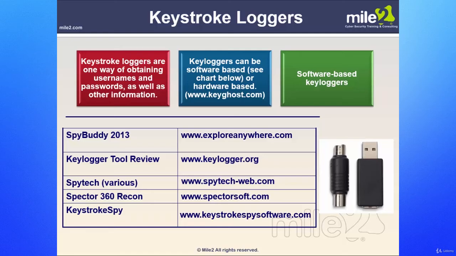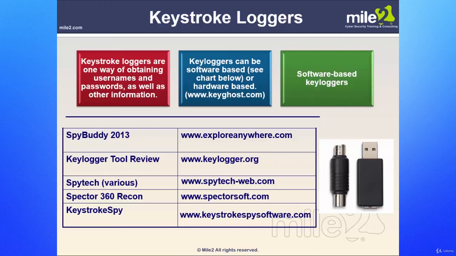Spector 360, Recon, and Keystroke Spy, just to name a few of the different software keyloggers that we can have. Now some of these will also sell the hardware side, which will basically get into your PS2s, your USBs, your Bluetooth and wireless as well. Pretty cool stuff when it comes down to grabbing things like your keystrokes and of course screenshots and all kinds of good stuff there, and doing it where it's not detected by our antivirus systems and so forth.